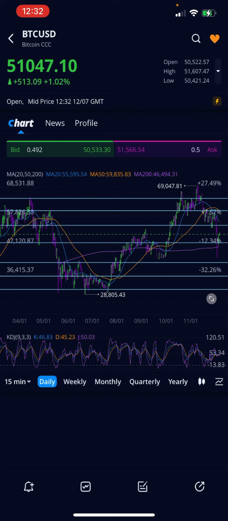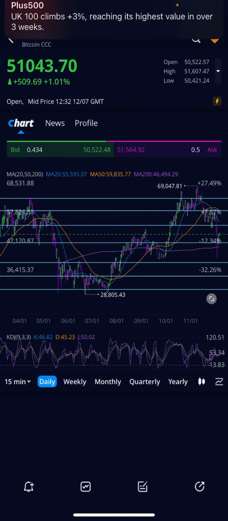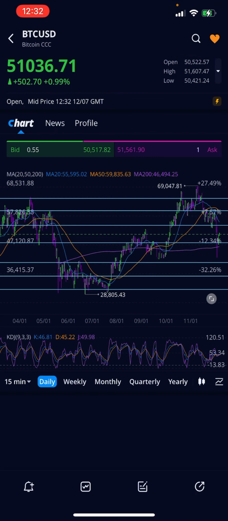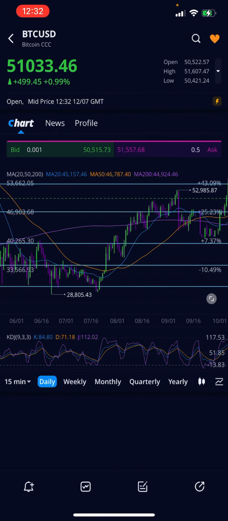Because if you catch the wicks, then that is fear sometimes. If the price drops too much, people are scared, or they buy the dip and then the price quickly rebounds back up. So whole-bodied candlesticks are the best ones. Again, support and resistance.